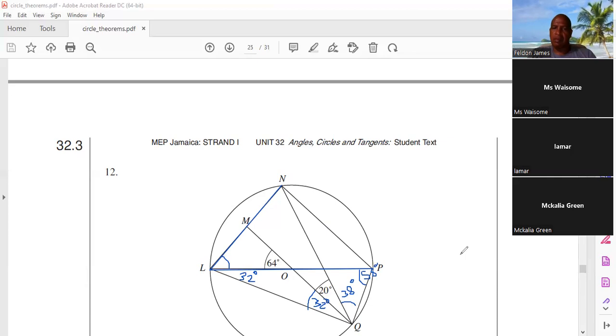Sir, question, could we take angle LMQ into consideration? LMQ, yes. If you can find this angle at M, you could take it into consideration, but it is not necessarily a right angle triangle, but we could actually take that angle into consideration.